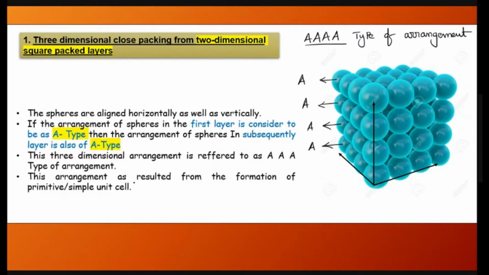This arrangement results from the formation of a primitive cell. If I join any four atoms, you'll get a primitive unit cell.